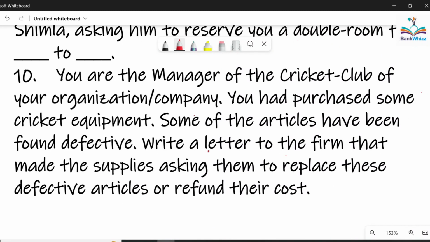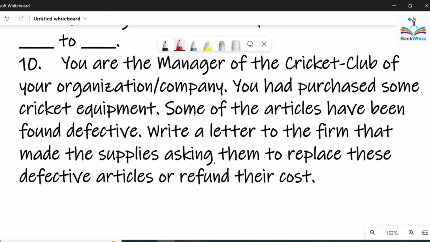Okay. Friend, the 10th letter topic is: you are the manager of the cricket club of your organization or company. You had purchased some cricket equipment. Some of the articles have been found defective. Write a letter to the firm that made the supplies, asking them to replace these defective articles or refund their cost. Friend, these are some highly important letter topics.